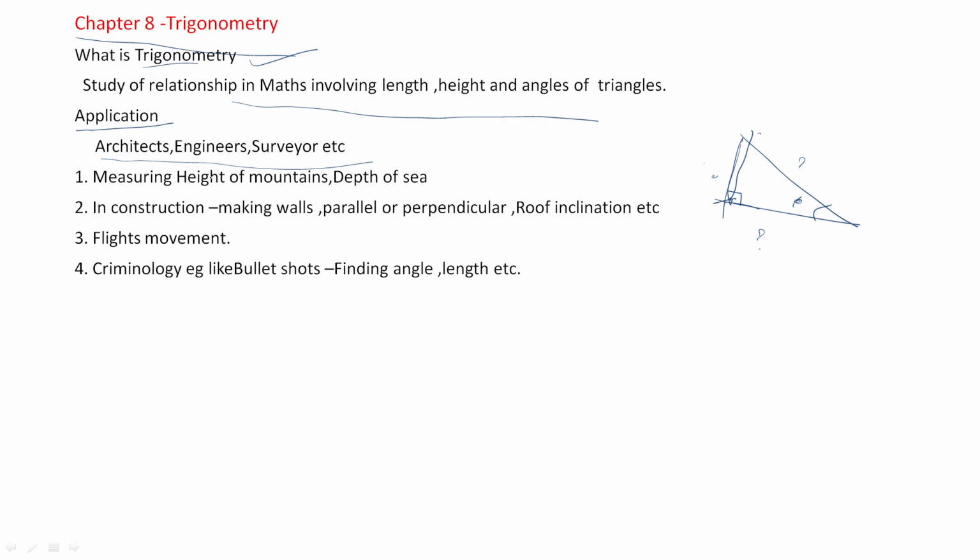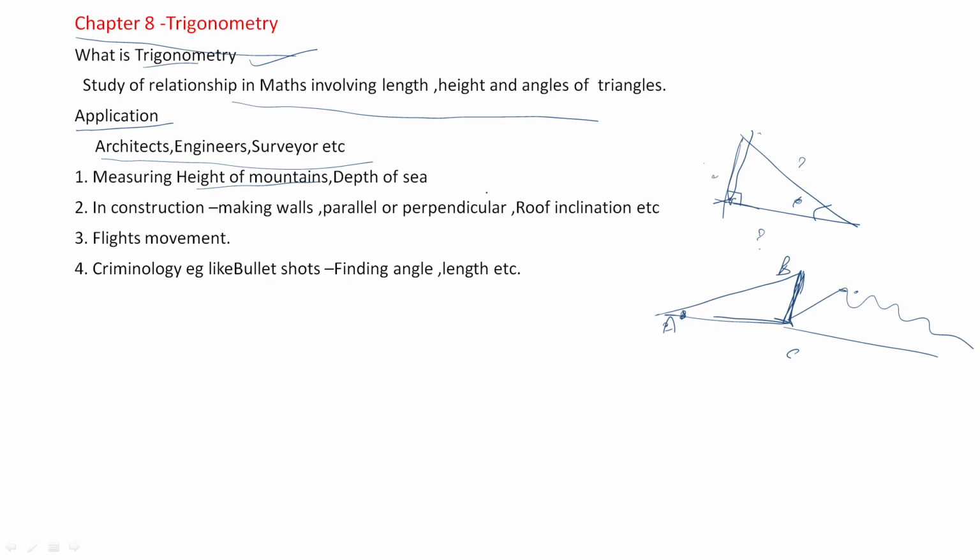Like measuring the height of a mountain. Suppose a person wants to measure the height of a mountain far away. We can make a triangle, with a starting point and an end point. If we know this angle and we can measure this length, that will give the height of the mountain. Like that, it is used in many things.